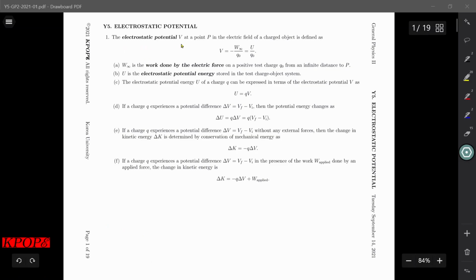The electrostatic potential V at a point P in the electric field of a charged object is defined in this form.